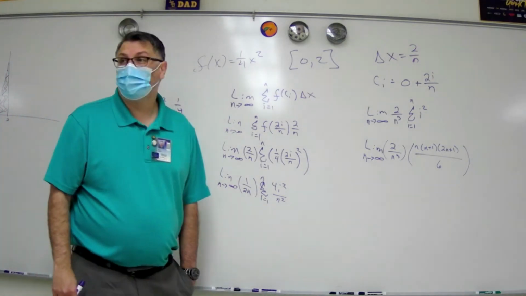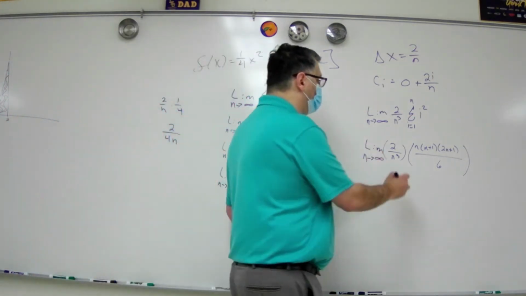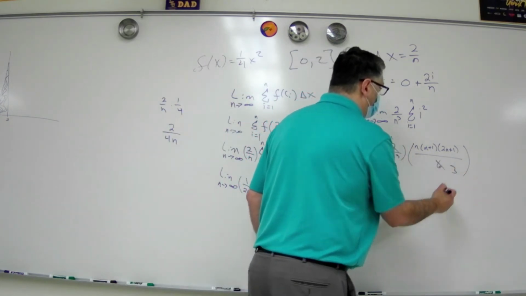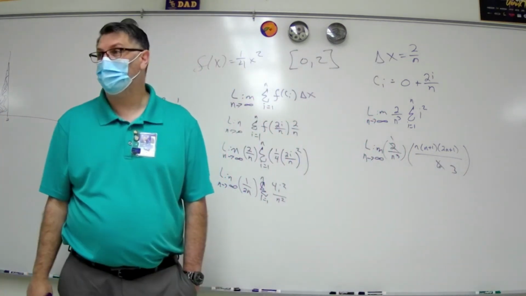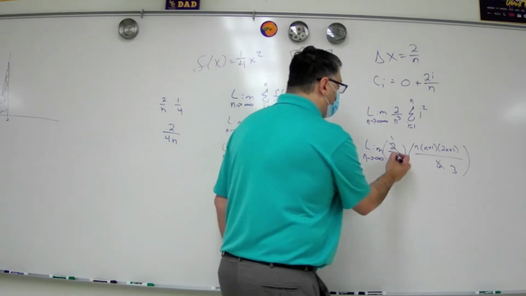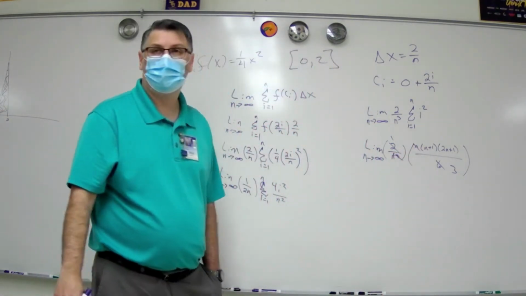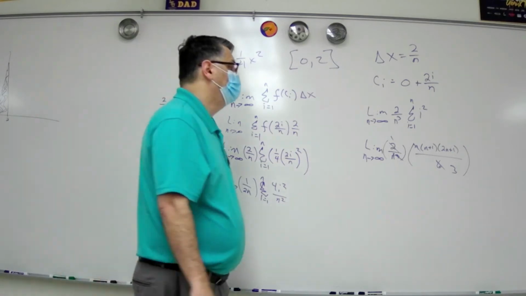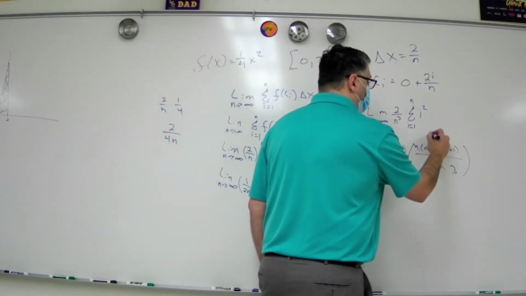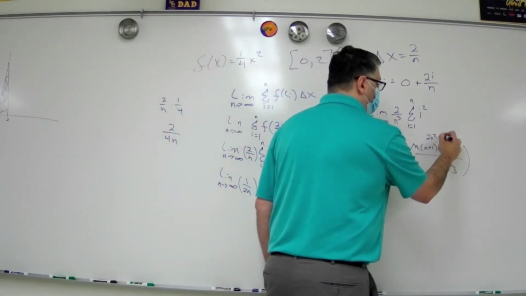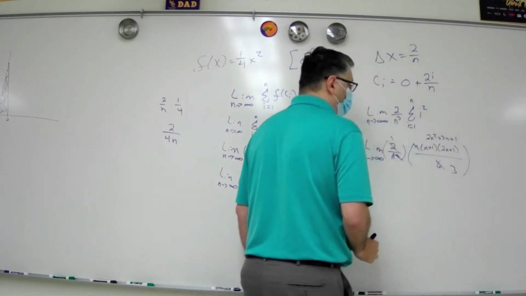And now let's start simplifying, huh? 2 goes into 6 3 times, so that's easy enough, right? This cube can become a square and that n goes away. This boils to 2n squared plus 3n plus 1.